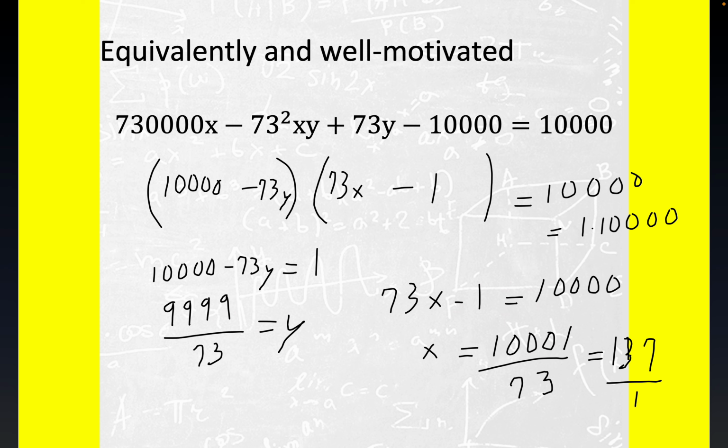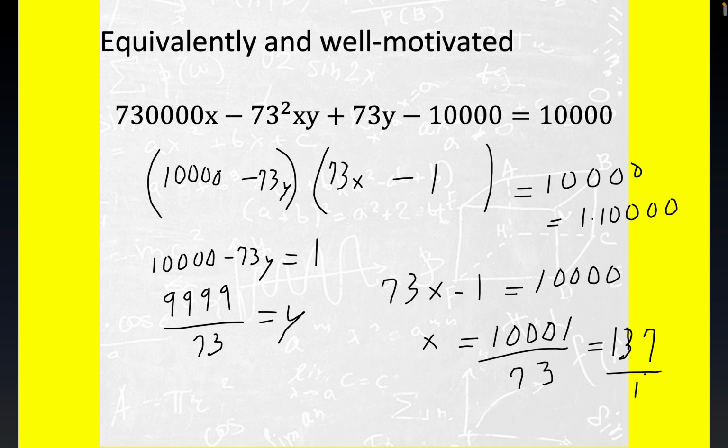But maybe better, is this the only integer one? I think all these others don't work out to integers. I'm not sure. I haven't checked them all. But you would have to check all the divisor pairs of 10,000 to determine that. But notice this just came out to be a natural number, 137.